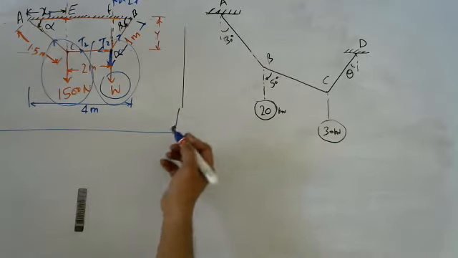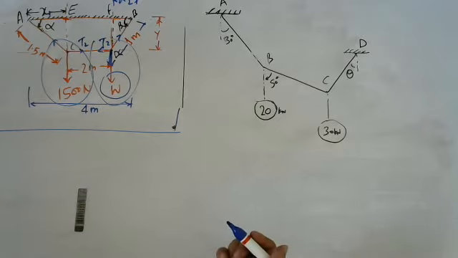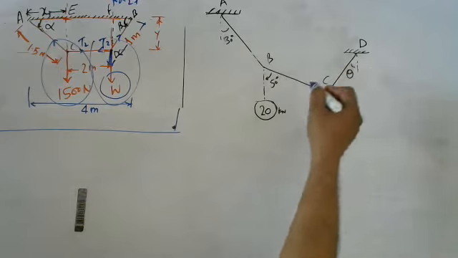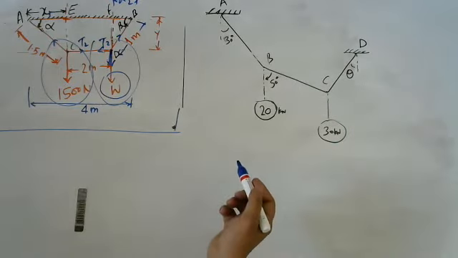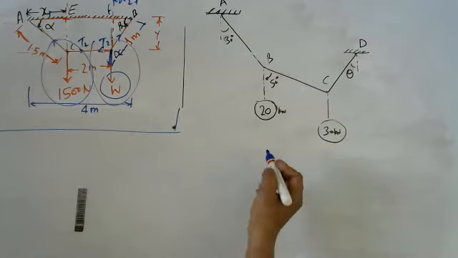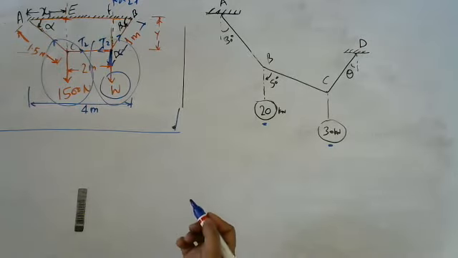A wire rope is fixed at two points A and D, as shown in the figure. Weights of 20 kN and 30 kN are attached to it at B and C respectively.